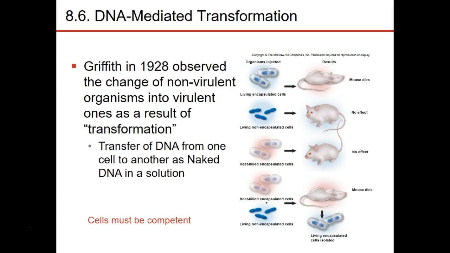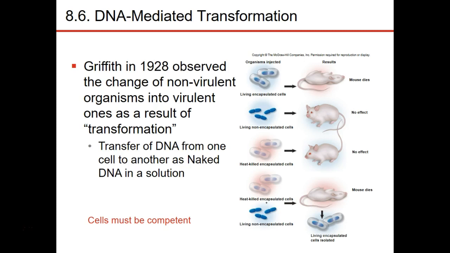What we know is that cells, to be able to take in DNA, they have to be competent. That means they can take in the DNA. If you have incompetent cells, they can't take in DNA. You can make incompetent cells competent by shocking them in a process called electroporation.